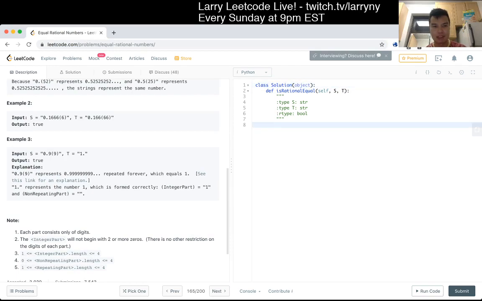So, how do I do this? Okay. I mean, I think we just parse both of them into a rational number class. Maybe that's probably the way to go. I don't exactly know how to do this in Leetcode, but let's play around with it.